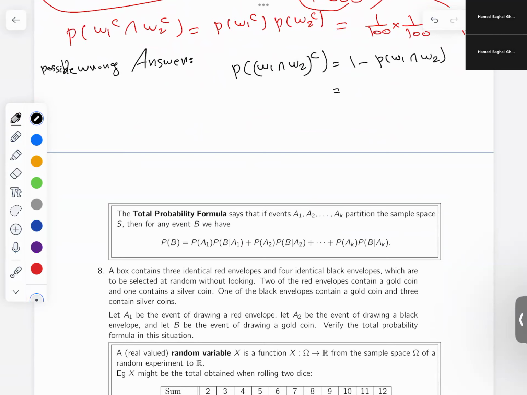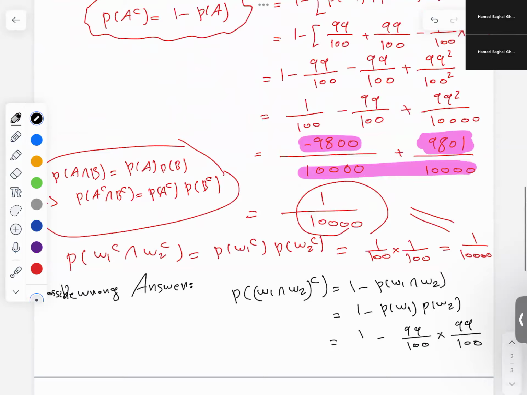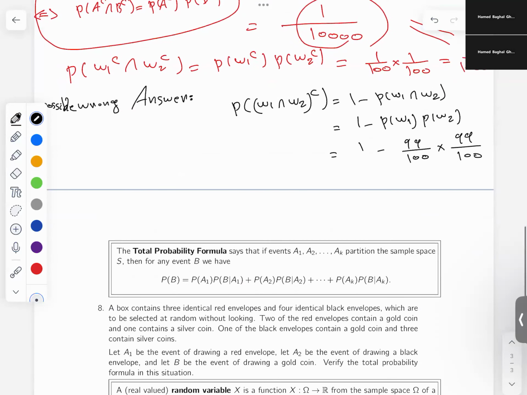So this will be equal to 1 minus probability of independent W1 times W2. So this will be 1 minus 99 over 100 times 99 over 100. But I know that 99 power 2 is 9801. So it will be 1 minus 9801 over 10,000. So the answer will be 199 over 10,000. So this is not correct.